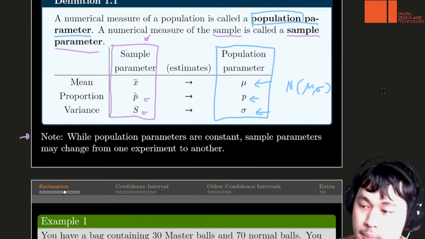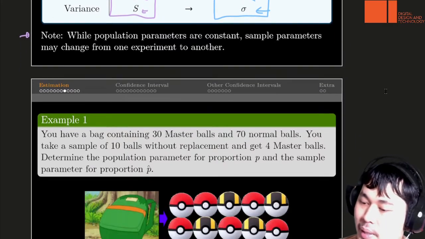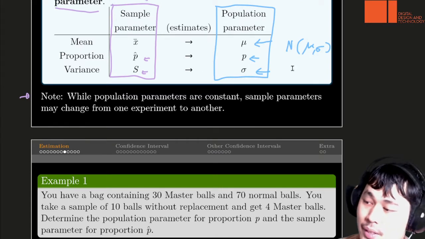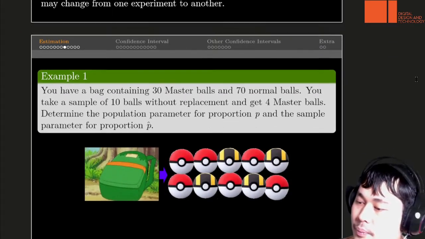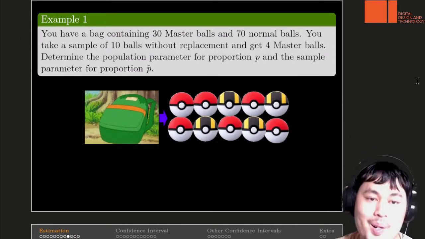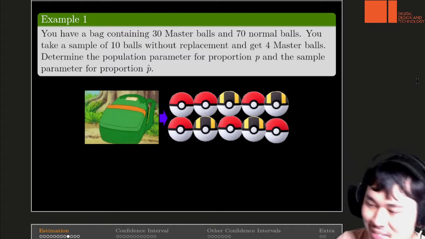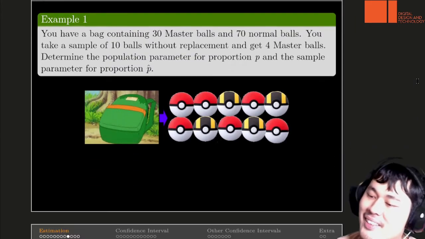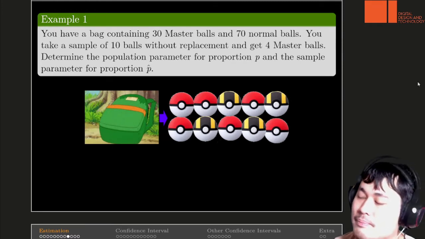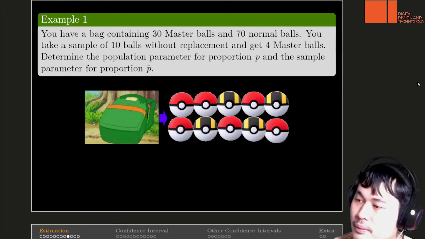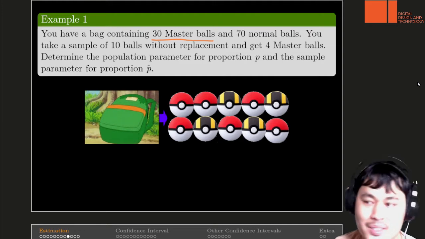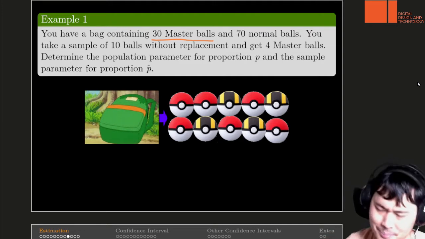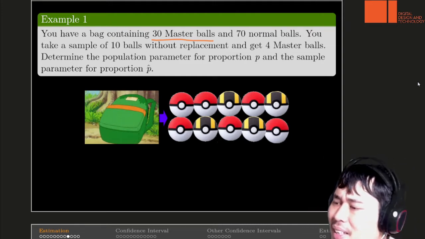So let's take a look for a moment at how to distinguish between these two values. These are about balls again, because we talk about balls a lot. So why not talk about Pokeballs? Suppose you have a bag containing 30 master balls. That's going to be the good one, in case you haven't played this popular game yet.